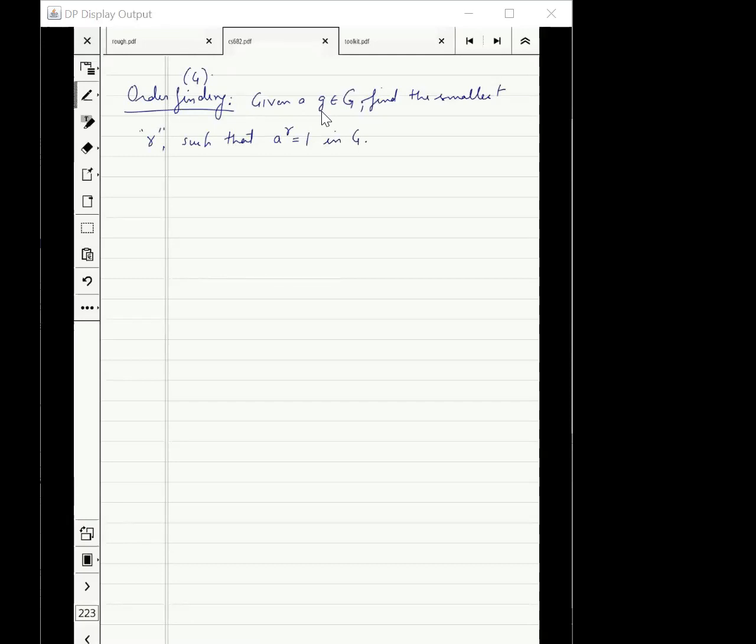So it should be g to the power R, right? Oh, sorry, why did I say a? Yeah, g to the power R.